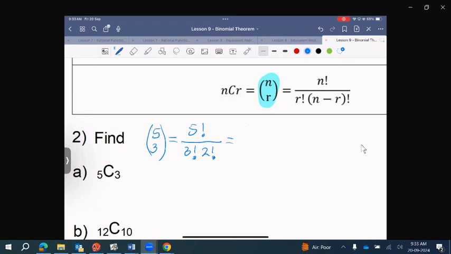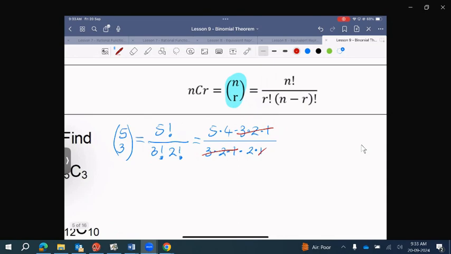What a factorial looks like is this: 5 times 4 times 3 times 2 times 1, over 3 times 2 times 1, and then multiplied by 2 times 1. But this factorial here cancels a large part of that out. We ignore the ones. And we're left with 5 times 4 over 2, which is 5 times 2, which is 10.